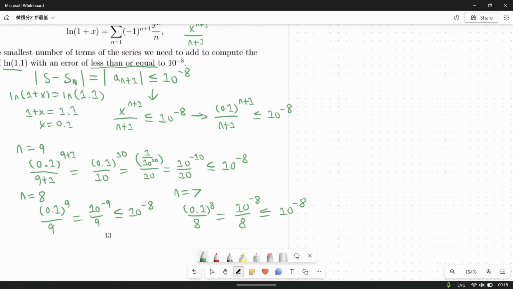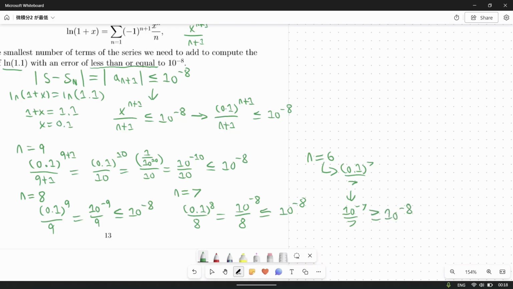To prove it, I'll put in n is equal to 6. In the case of n is equal to 6, you end up with 0.1 to the 7th over 7, which simplifies to 10 to the negative 7 over 7. And this is not going to be less than this. This is actually going to be greater than or equal to 10 to the negative 8.